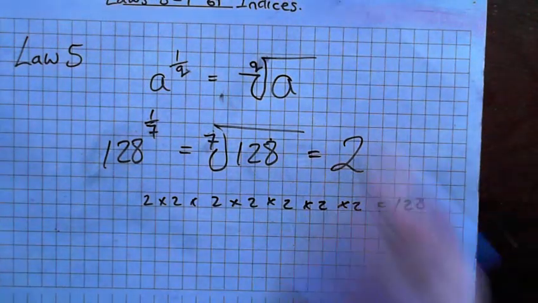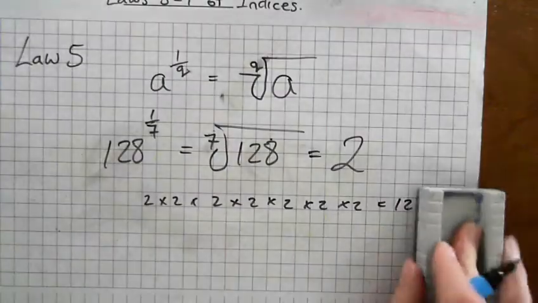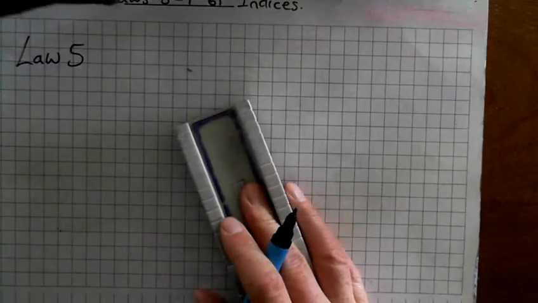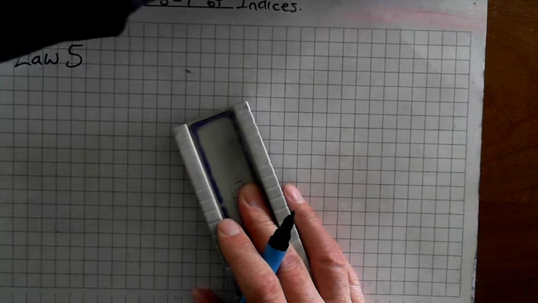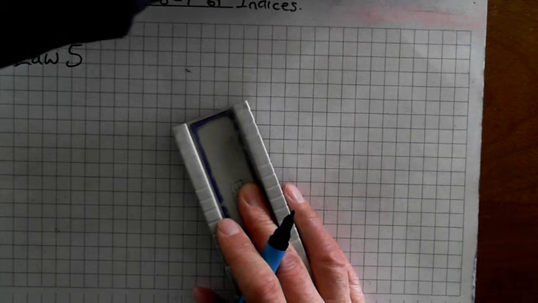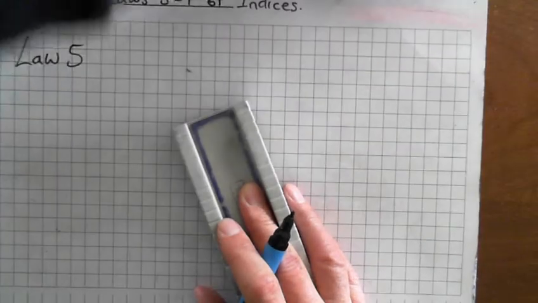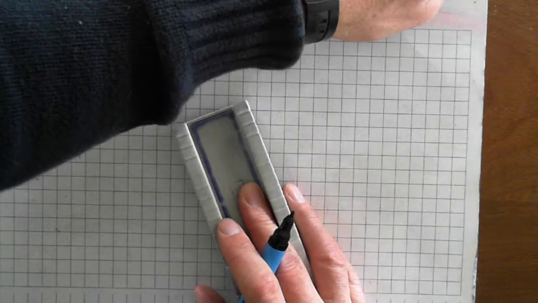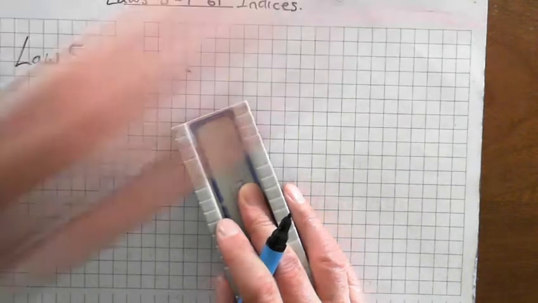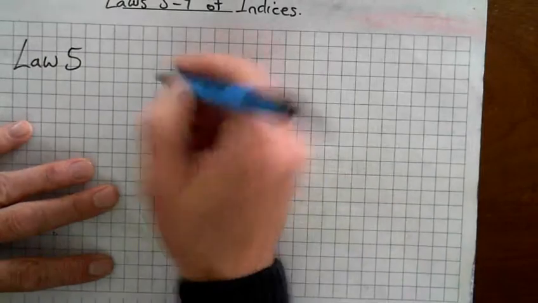Okay? That's law number 5. So, an example from the book. Right, we'll look at another example.